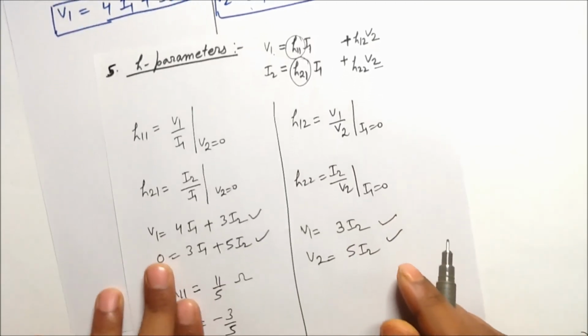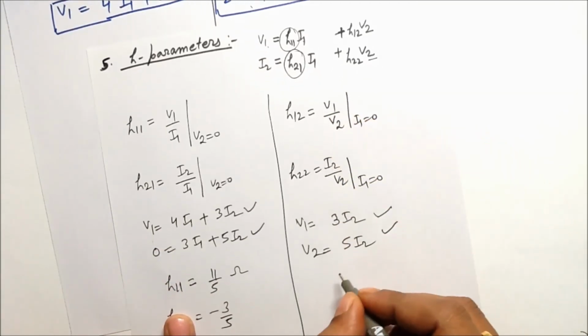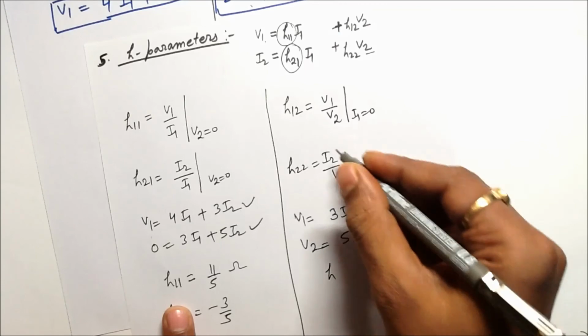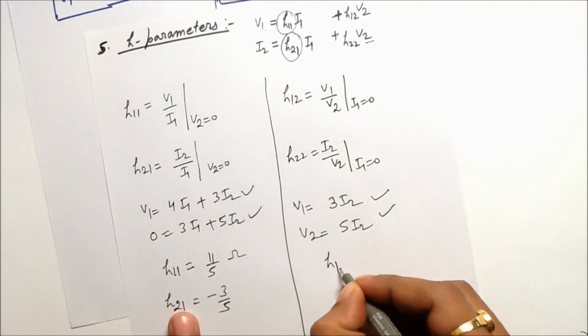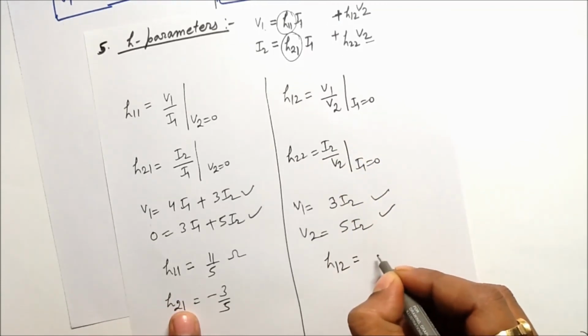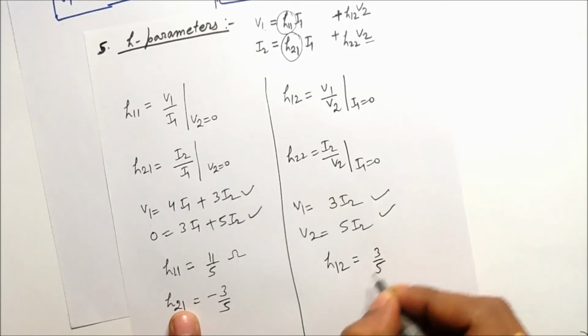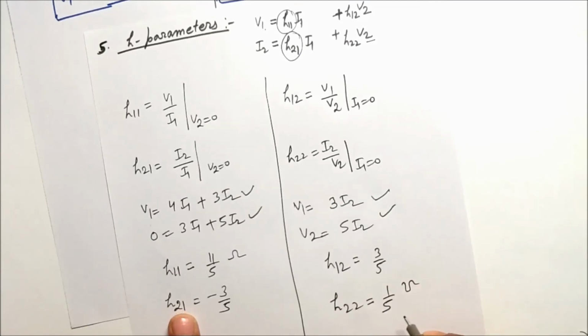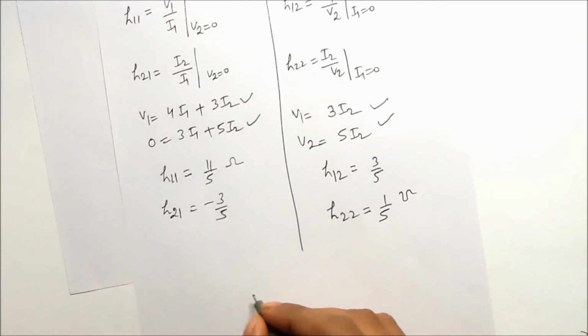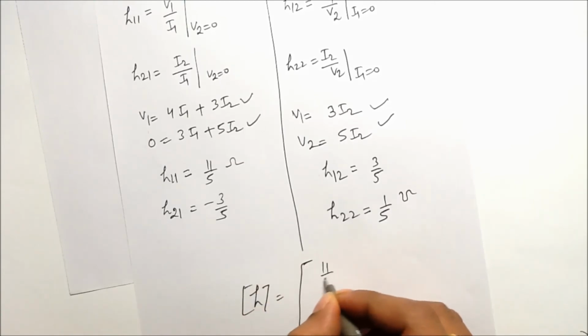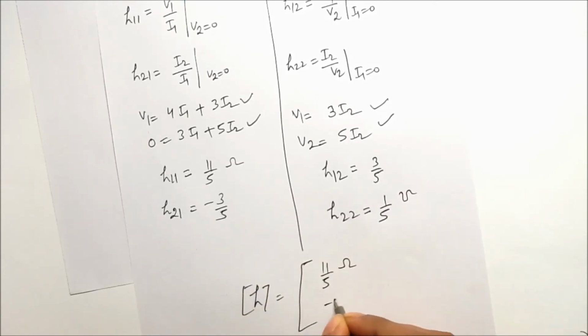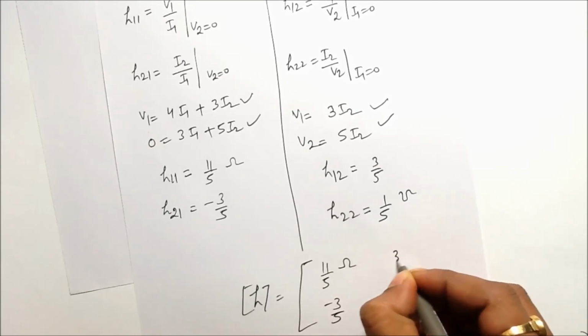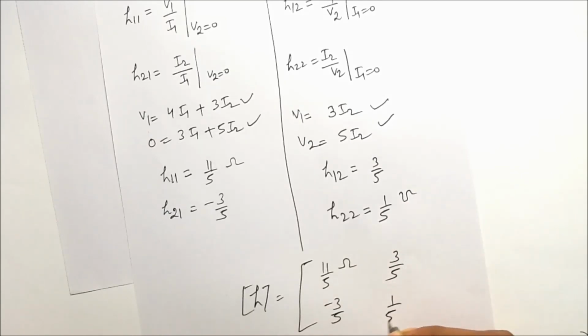With the help of these two equations you have to find the value of V1 upon V2 and I2 upon V2. You will get H12 equals 3 upon 5 and H22 will be 1 upon 5 mho. So in this way the H parameters will be 11 upon 5, minus 3 upon 5, 3 upon 5 and 1 upon 5.